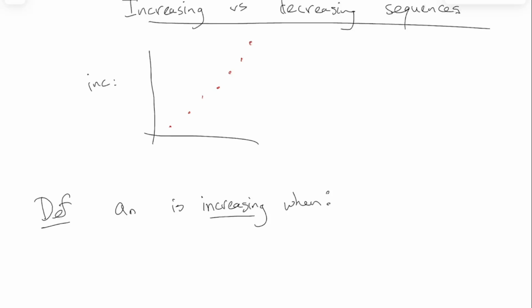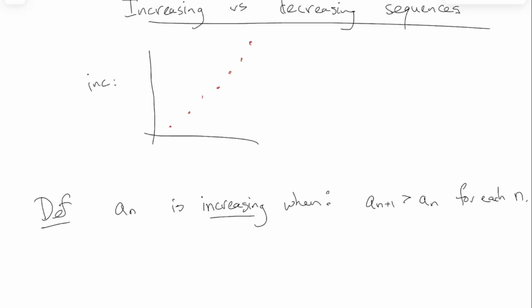Anyone want to try and say this in a sensible way? Don't say it goes up. Yeah? a_{n+1} is greater than a_n. Yeah, I like that. a_{n+1} is greater than a_n, I will say, for each n. Yeah, excellent. This is the definition of an increasing sequence.